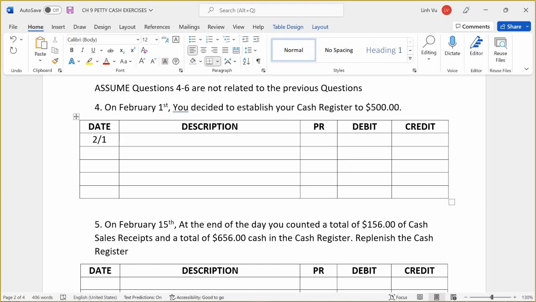Cash register, debit 500. Good. Now, if you don't have an asset that's called cash register, then yes, you can use cash register. I usually put cash in register so you know that it's the money inside the register. Or cash on hand, for $500. And then checking. Yes, the money definitely has to come from your checking account because you need exact change.